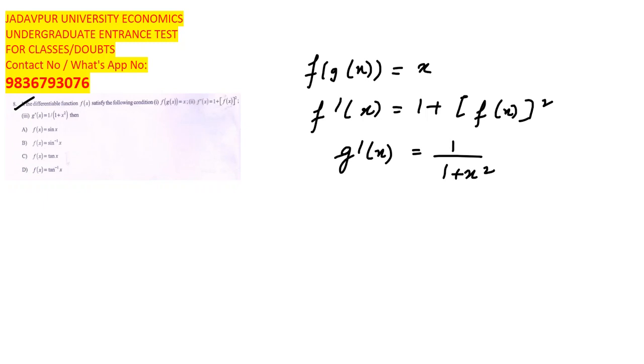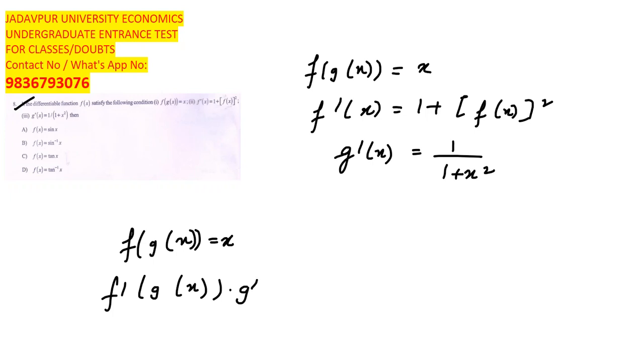F of x. So from here we can see that f of g of x is equal to x. If we differentiate both sides, using chain rule, obviously, f prime g x times g prime x is equal to 1. That is by chain rule.